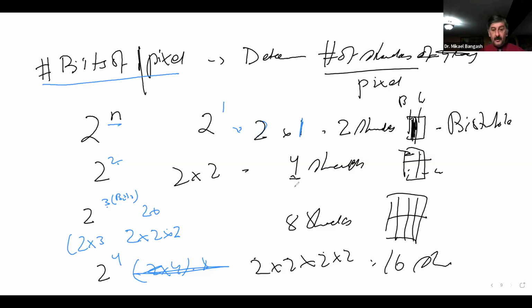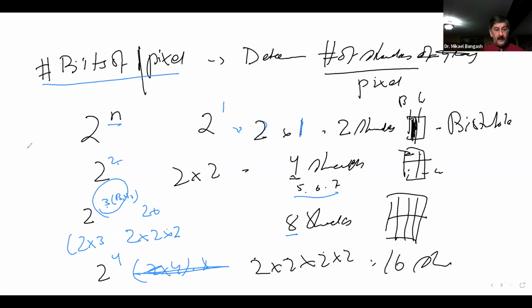What if you, for instance, had 5 shades, 6 shades, or 7 shades? Well, they're going to be covered by 3 bits per pixel. All these here, up to 8 shades, will be 3 bits.